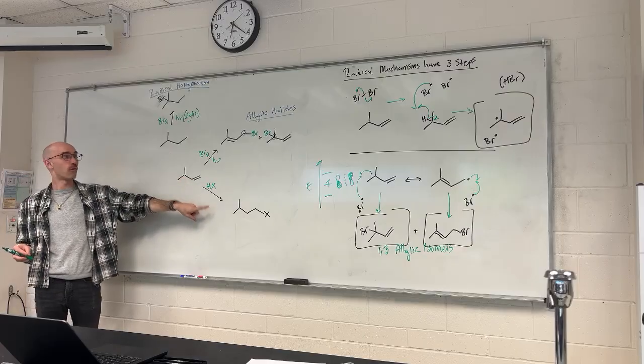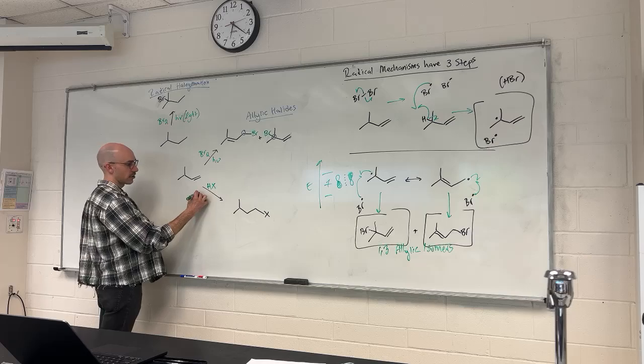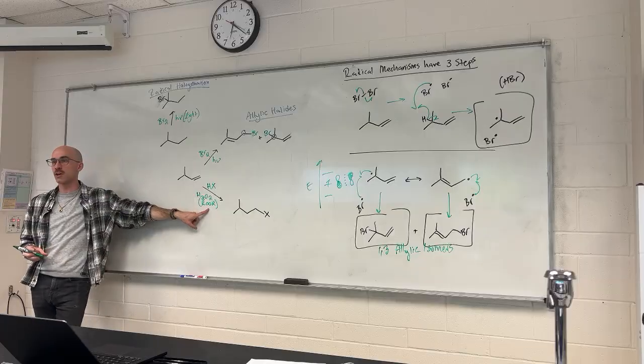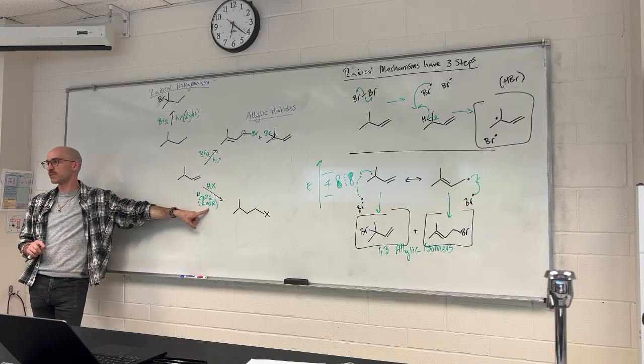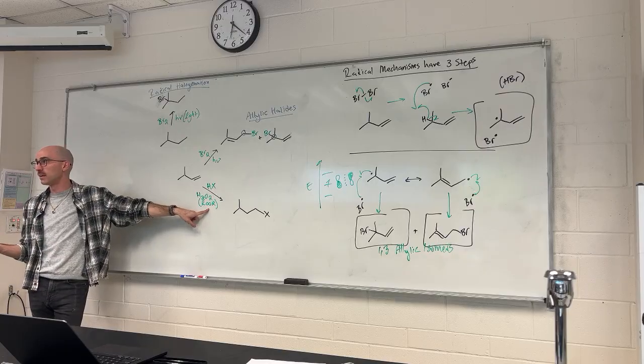HX does not form radicals on its own like halogens do. So I use hydrogen peroxide, or really any peroxide. And we can abbreviate any peroxide as ROOR. Tert-butyl peroxide is not uncommon.